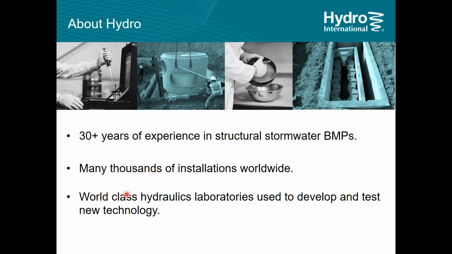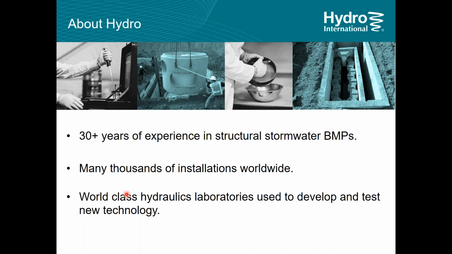For those of you who have been on this webinar before, you'll know that Hydro International has been around for many years now. The company was founded in the early 60s. We have many decades of experience and many thousands of installations of vortex valves, hydro brakes, and treatment units worldwide.